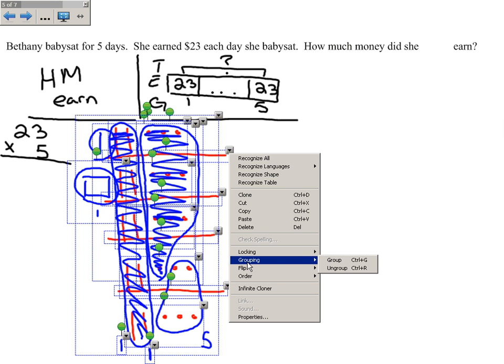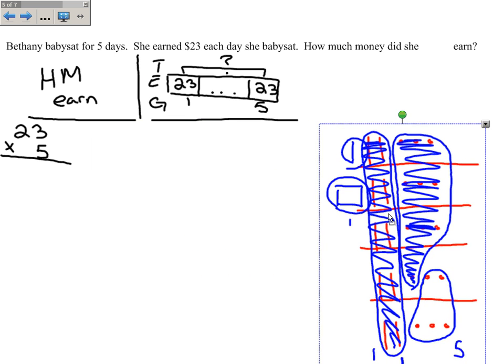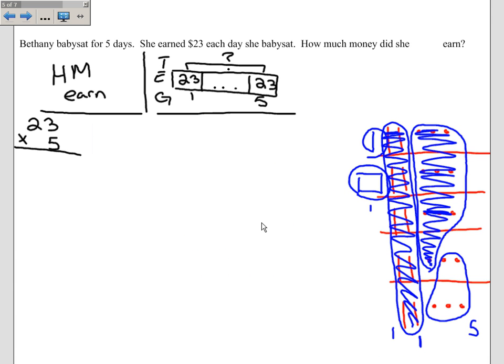And we're going to double check that here in 1 second. Just going to move this down. Okay. Oh, made it a little bit smaller. Oh well. Alright. Let's take 23, which is really 20 plus 3, and we're multiplying it times 5.